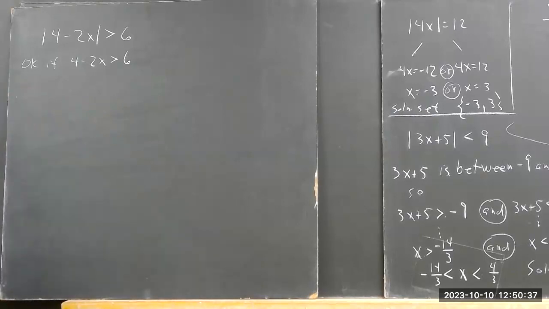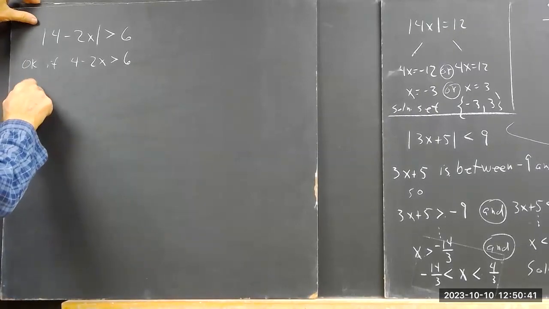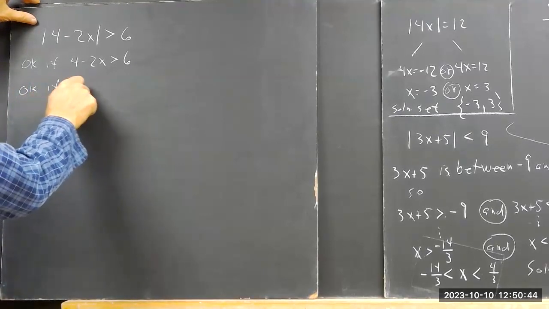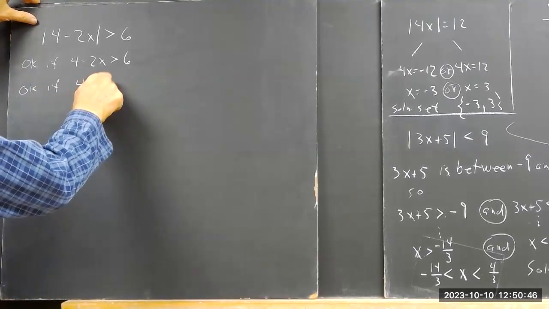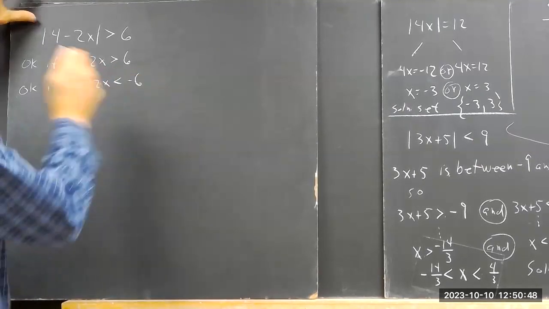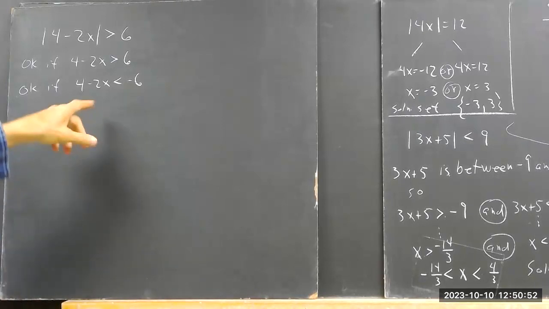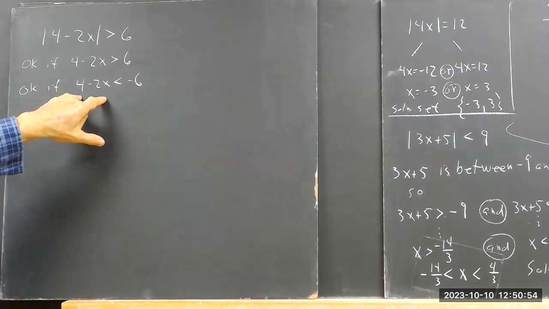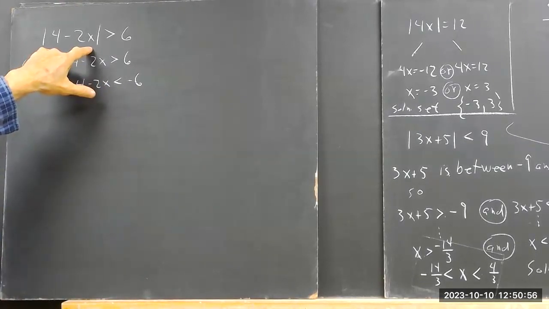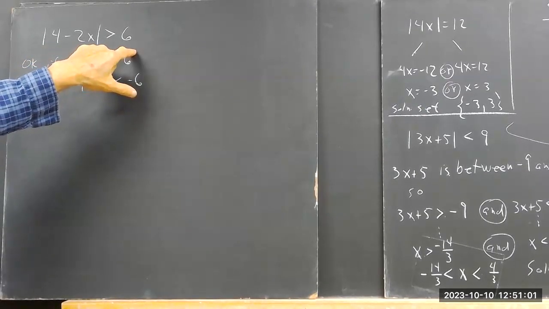We're okay, right? But also, if 4 minus 2x is less than negative 6. Like if this 4 minus 2x is negative 7, then we have the absolute value of negative 7, which is 7, and it's greater than 6, right?